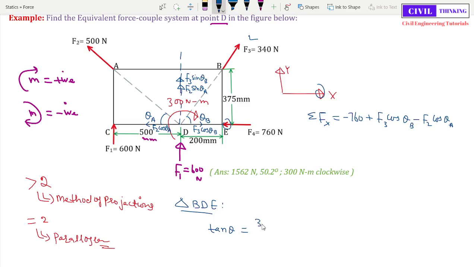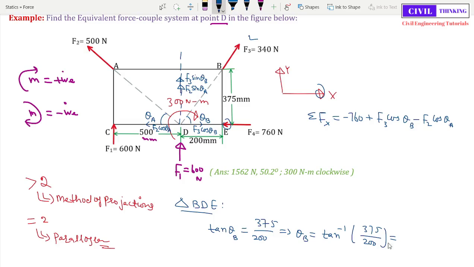It is 375 mm divided by 200, right? This is theta b here, tan theta b. Now from here we will find the value of theta b. It is equal to tangent inverse of 375 divided by 200, right?